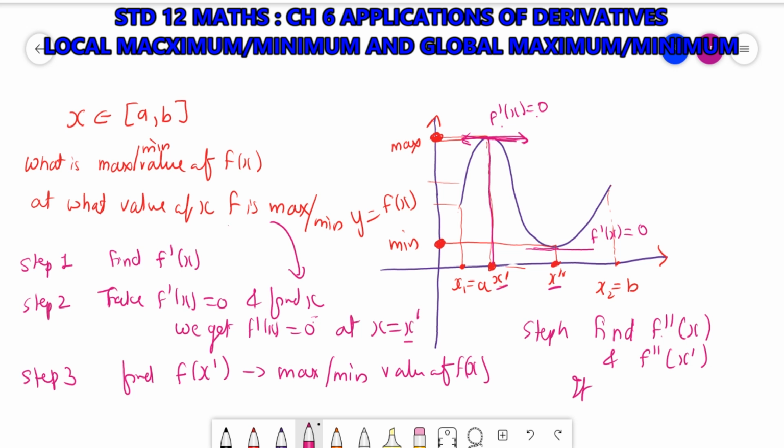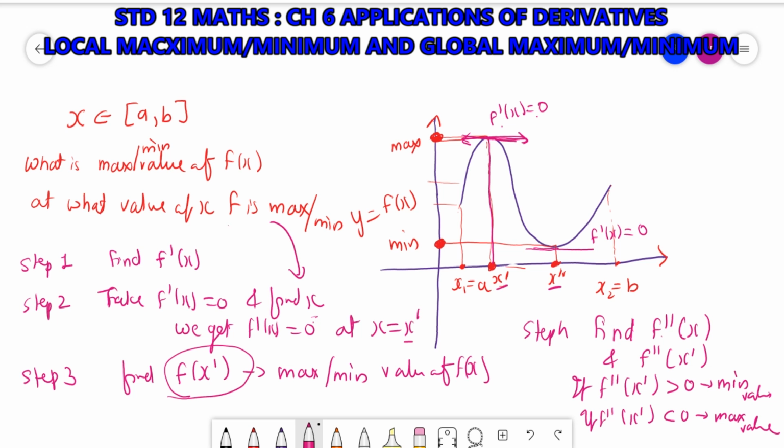If f double dash x dash is greater than 0, then minimum value. If f double dash x dash is less than 0, then it will have maximum value. Means the value that you get here will be minimum if f double dash x dash is greater than 0, and it will be maximum if f double dash x dash is less than 0.